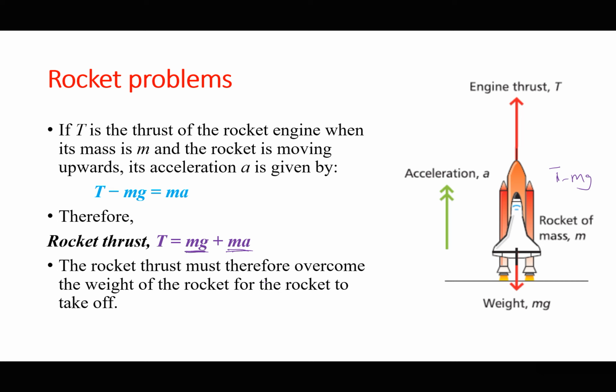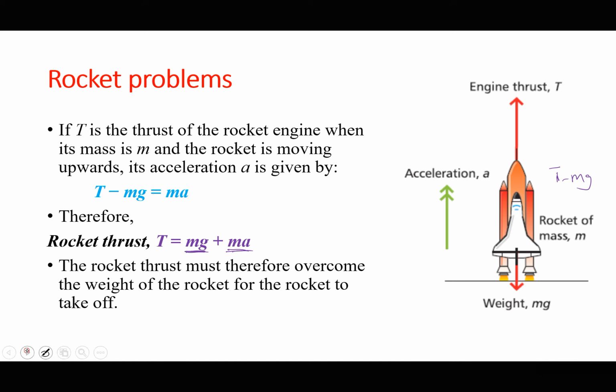Otherwise, if they are equal, it may not take off. If it had already taken off and they become equal, it may just continue with its motion at a constant speed. But before it takes off, if the forces are equal, then it will not take off.